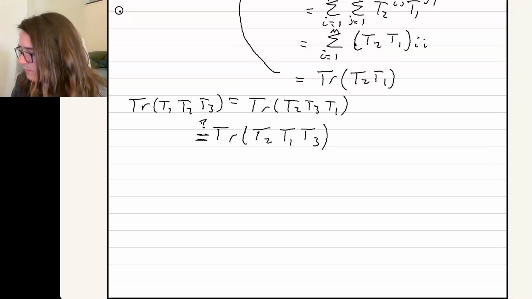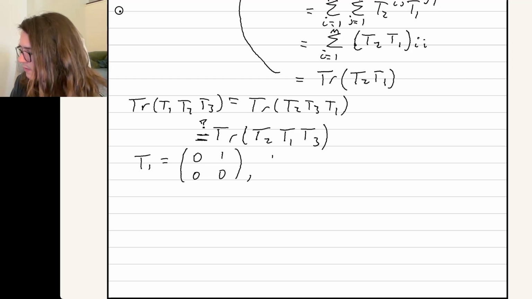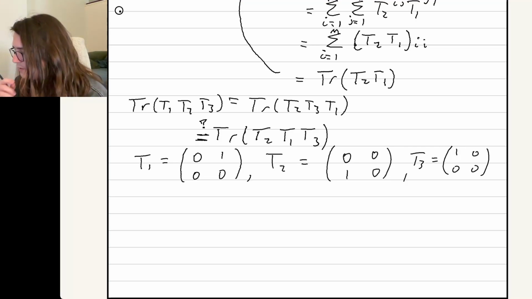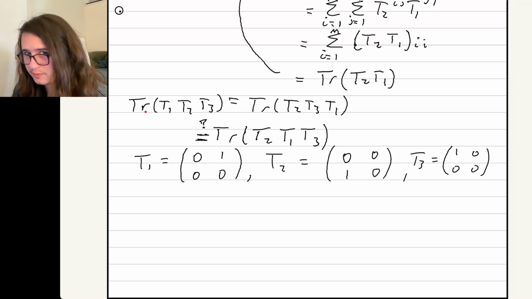The counterexample that I found worked was if we set T1 to be this two-dimensional matrix 0, 0, 1, 0. T2 we set to 0, 1, 0, 0, and we take T3 to be 1, 0, 0, 0, and then we just calculate both sides of this supposed equality.